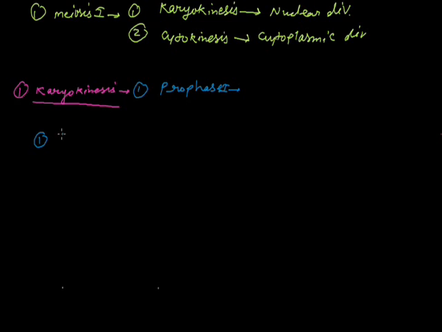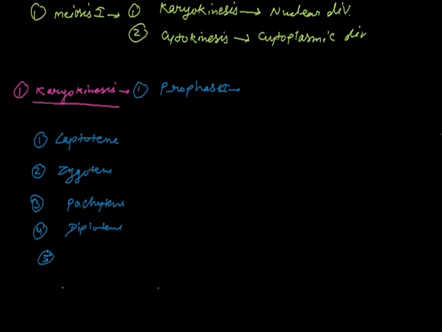The first is leptotene, the second is zygotene, the third is pachytene, the fourth is diplotene, and the fifth is diakinesis.